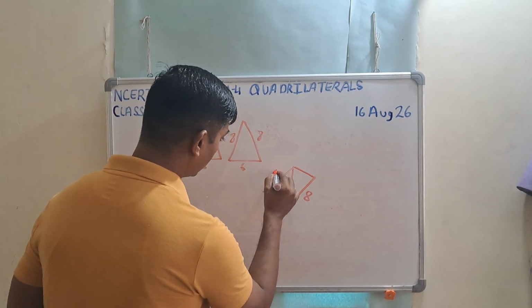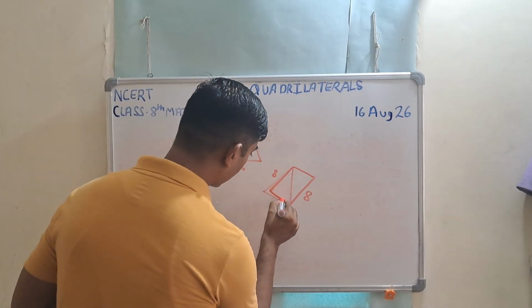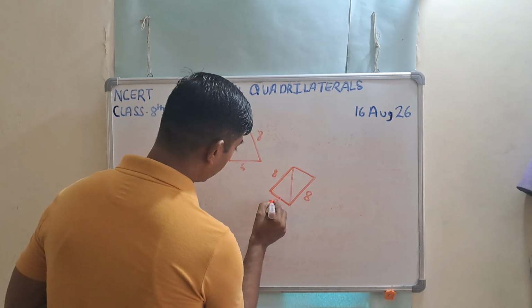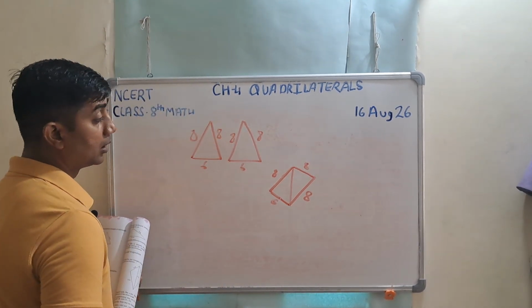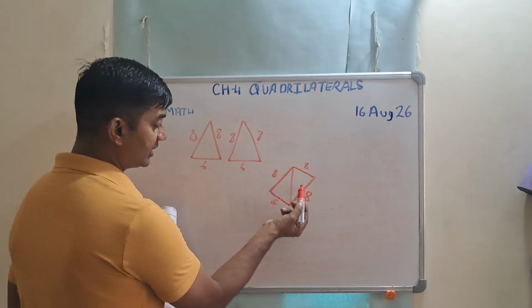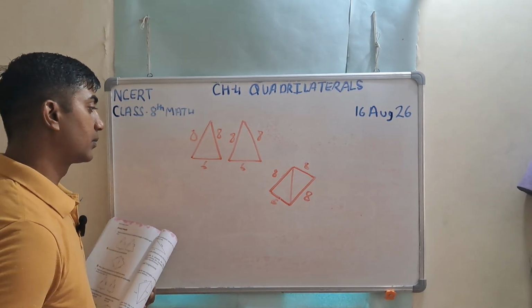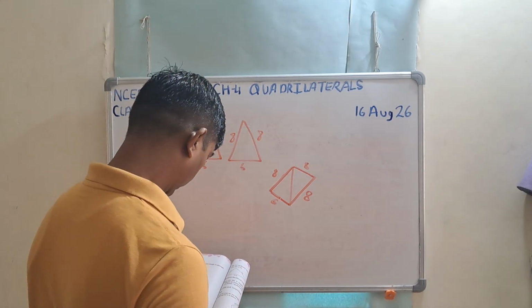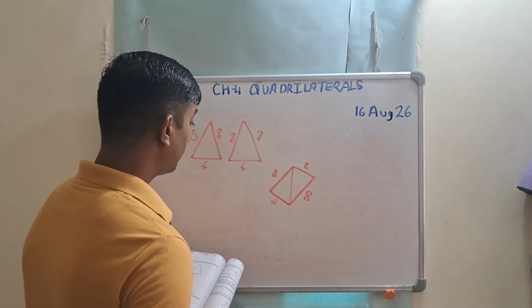Understood? So what figure will come? This is 6, this is 8. So this is a parallelogram. Parallelogram means opposite sides are parallel.